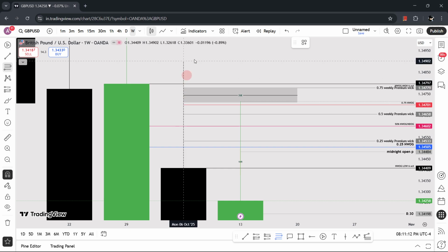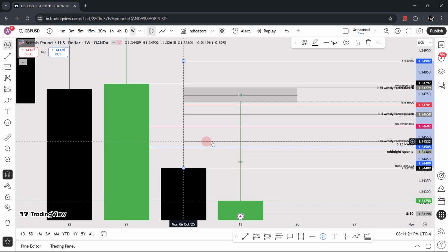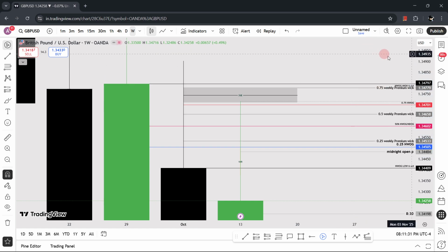And taking the discount of this premium wick, you can see that I have specified the 0.25 level there, 0.5 level there, and 0.75 level there. You can see that the 0.75 level and the 0.25 level are close to the wick opening gaps.